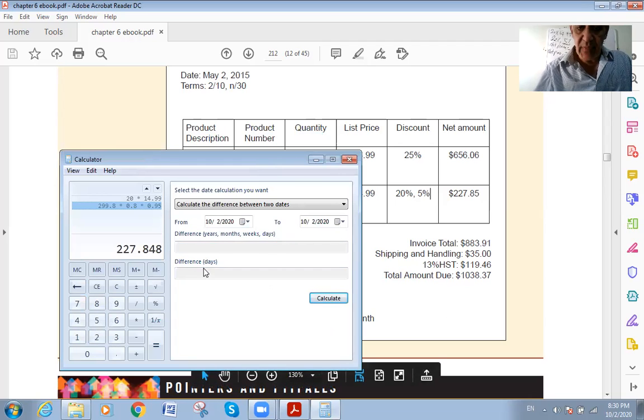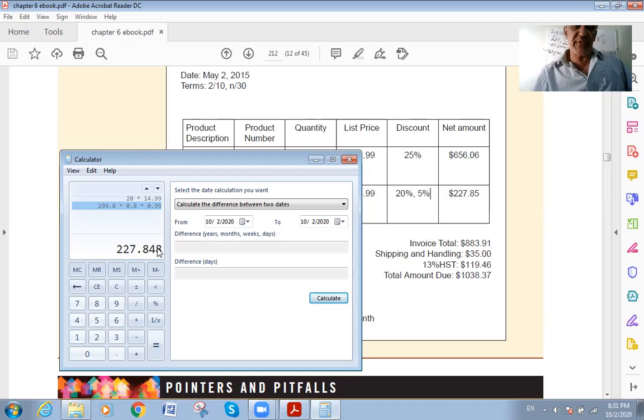Here it's 227.848, and here it is 227.85. He took only two decimal places and rounded the 4 into 5 because 8 is more than 5, and he neglected the third decimal. It's called rounding.